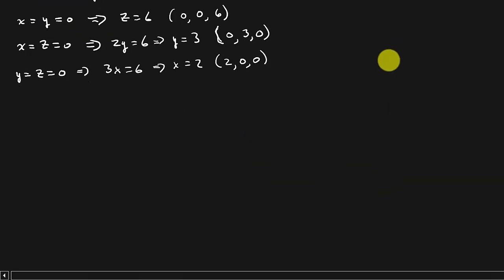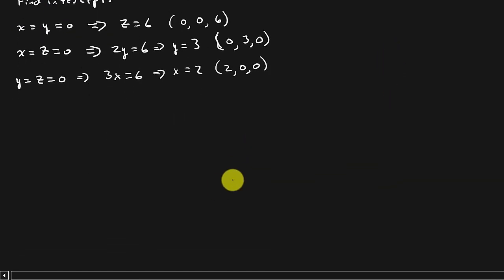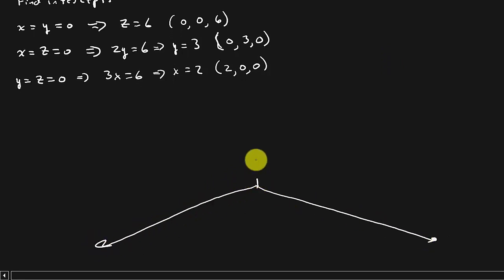So now let's sketch the graph. Let's draw my y-axis here, x-axis here, there's my z-axis. And let's see, 1, 2, 3, 1, 2, 3.